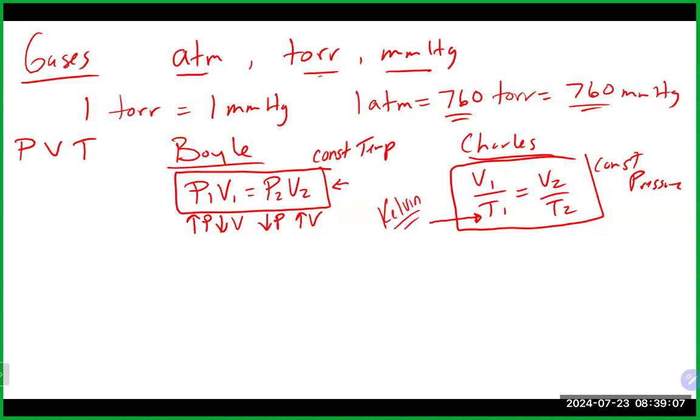So any gas law that involves temperature should always be in Kelvin. Even if they give you the numbers in Celsius and want the answer in Celsius, you do need to convert to Kelvin, go into the gas law, and then convert it afterwards. In terms of the volume, it doesn't matter the units as long as they're the same on both sides. But definitely add that 273 to get it to Kelvin.